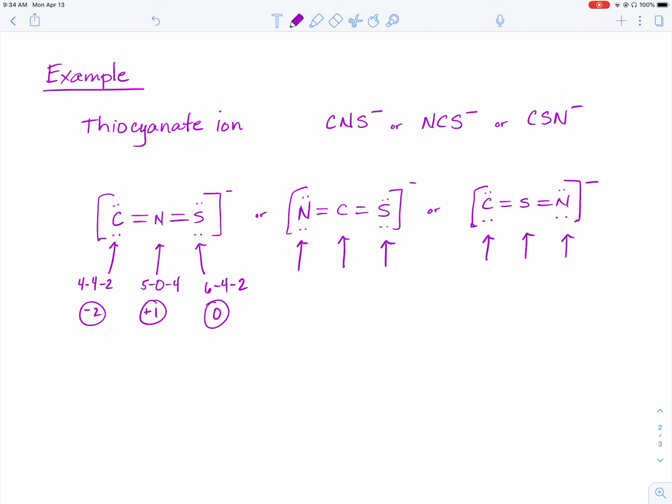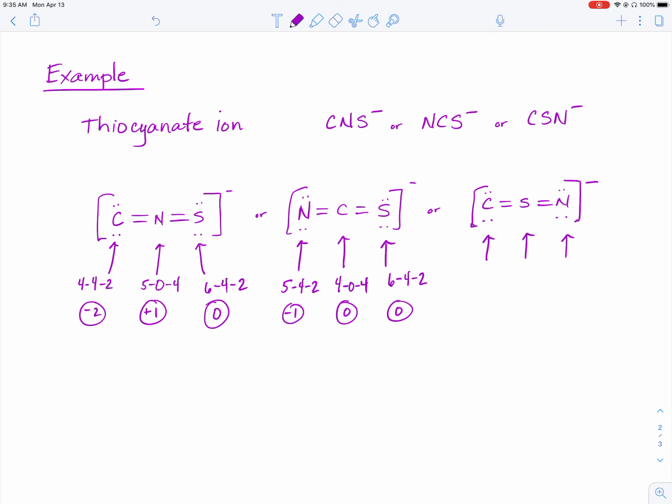So nitrogen, 5 minus 4 minus 2, that's going to be a -1. Carbon is 4 minus 0 minus 4, which is 0. And then sulfur will be 6 minus 4 minus 2, which is 0.